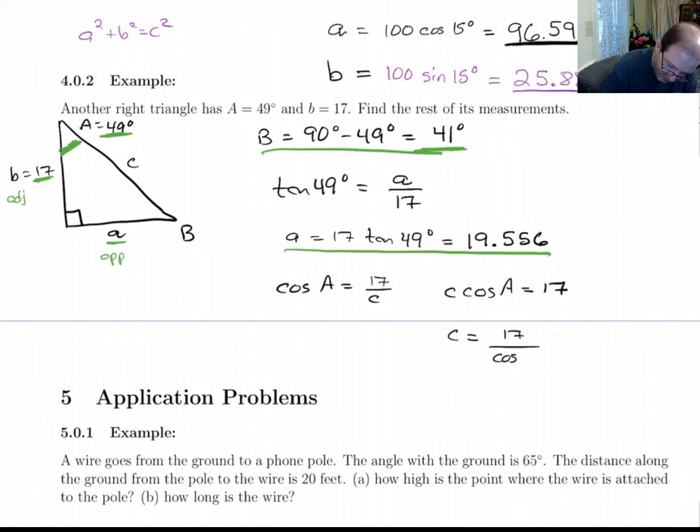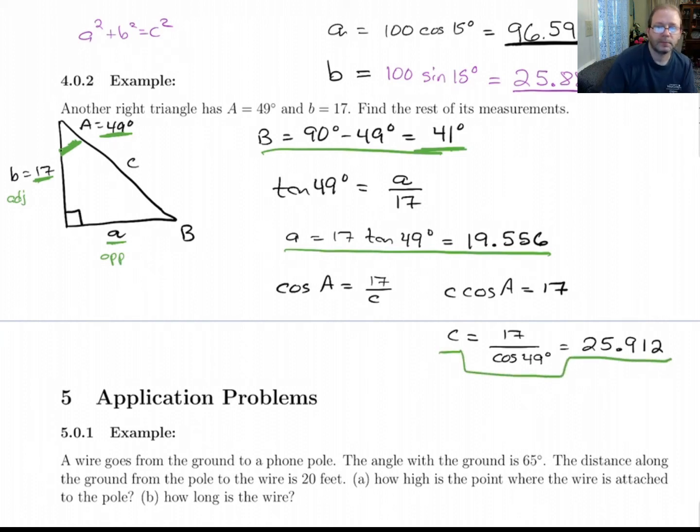We know what A is. It's 49 degrees. So stick that in the calculator. 17 divided by cosine of 49. It gives me 25.912. And so that's my answer for little c.